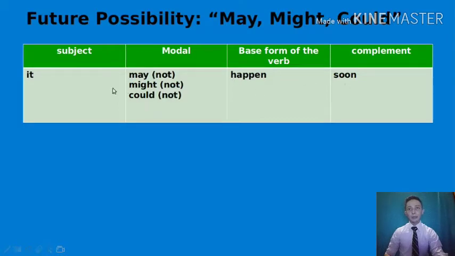It may happen soon. It might happen soon. Or it could happen soon. And if we want to make it negative, we just add not. It may not happen soon. Sorry.